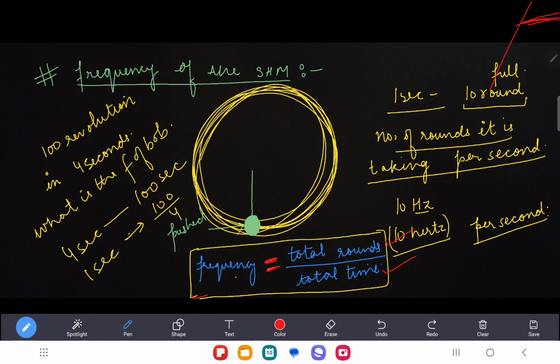Now understand. For example, if I say the frequency is 10 hertz, what does that mean?